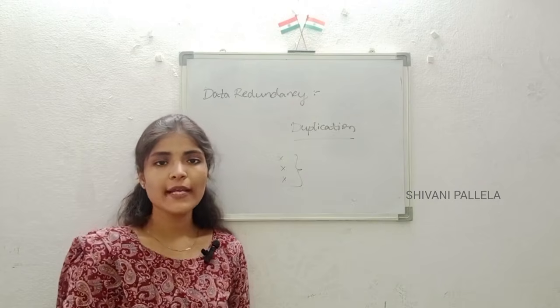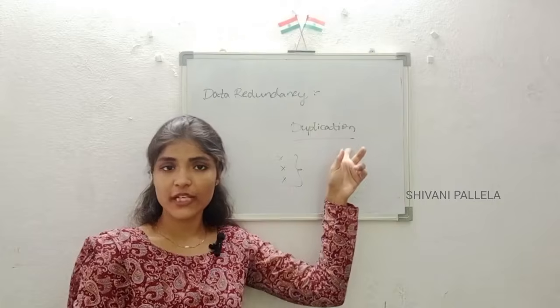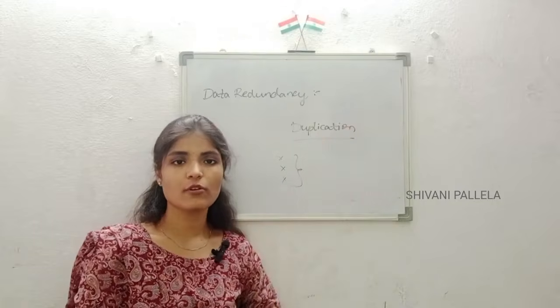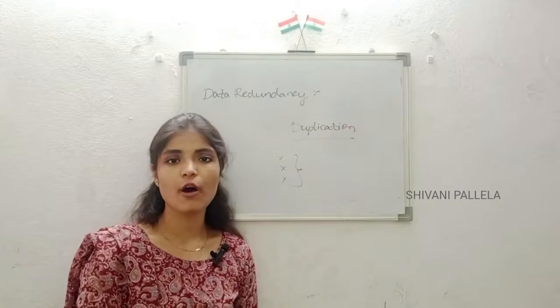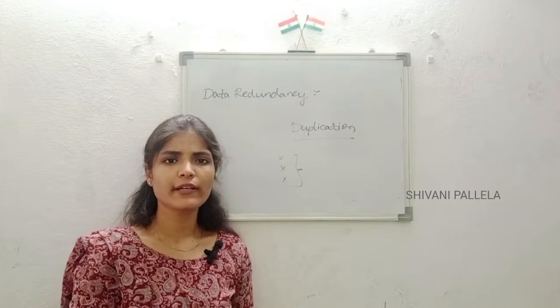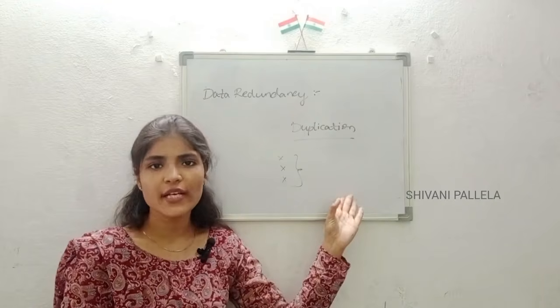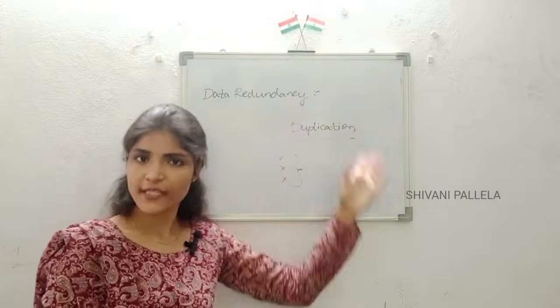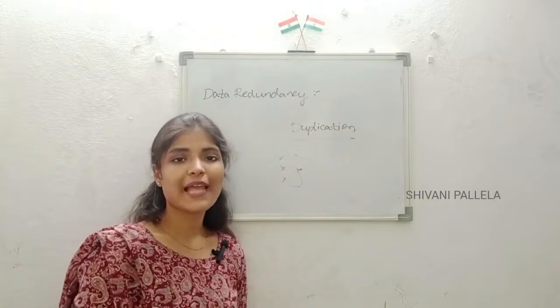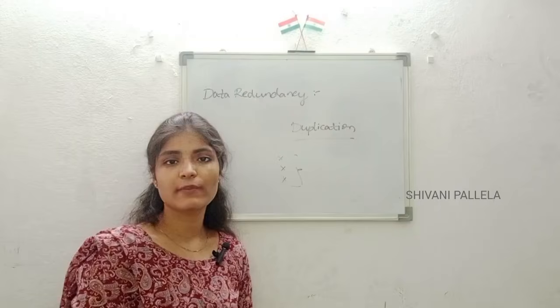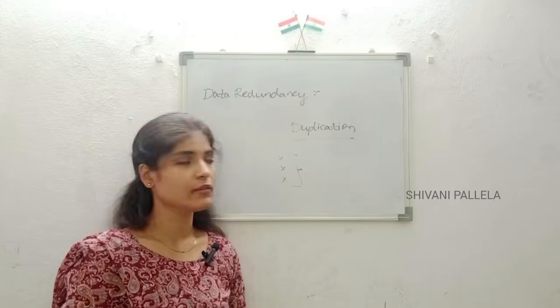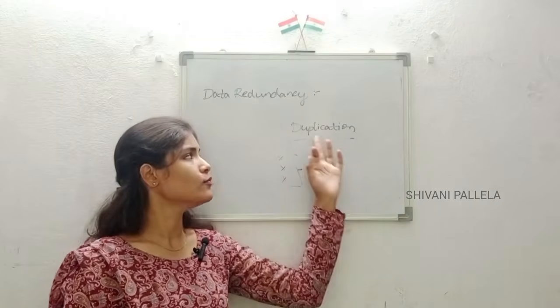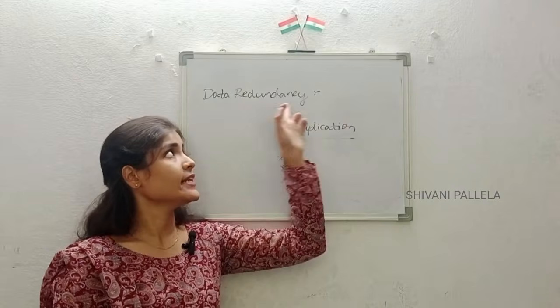Then what will happen? Data redundancy means duplication of data, like one photo with 5 to 6 extra copies. That means wastage of storage. If you store all the same related data in the database, it will lack storage. Storage will be occupied by the duplication, which is also called data redundancy.